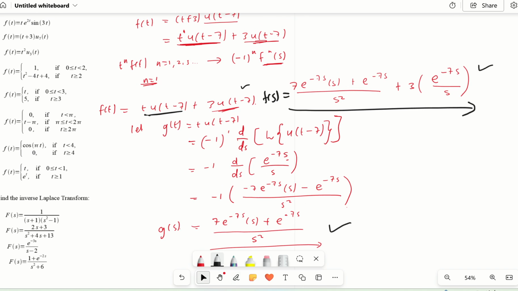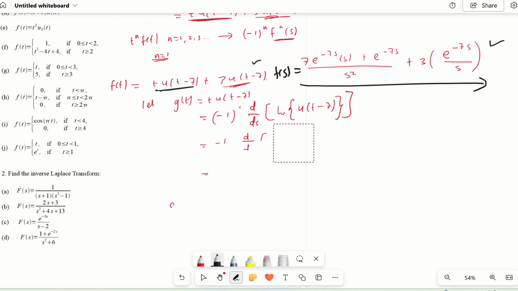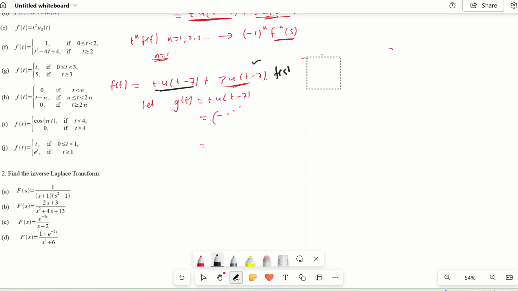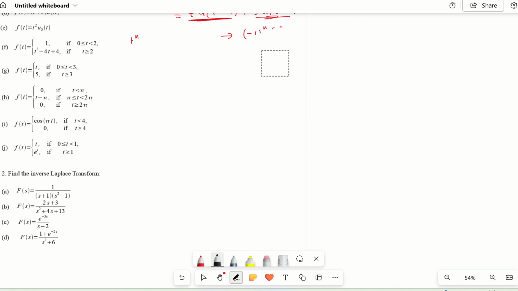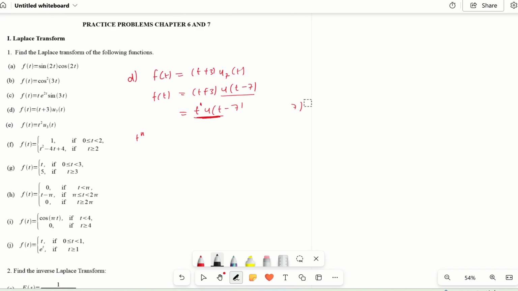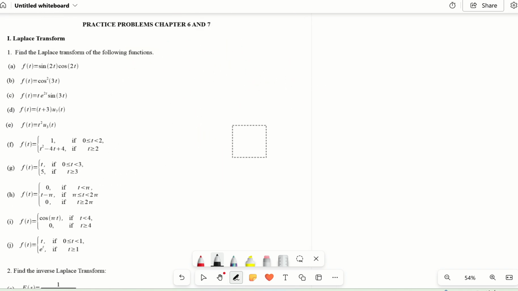And you can always go back to this, to why I'm doing this problem. And then let's do e. Let me change e. F of t equals t squared u subscript 3 of t, and when you simplify it further, it's t squared u of t minus 3.